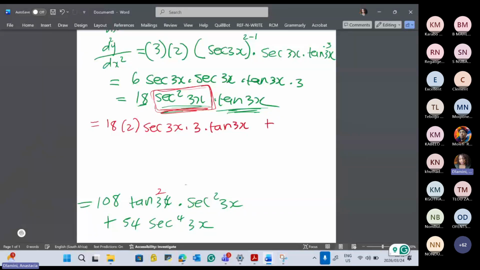Plus, now we have 18. We leave this the way it is, sec squared 3x times the derivative of tan, we know it's sec squared 3x times 3. Do you see that?